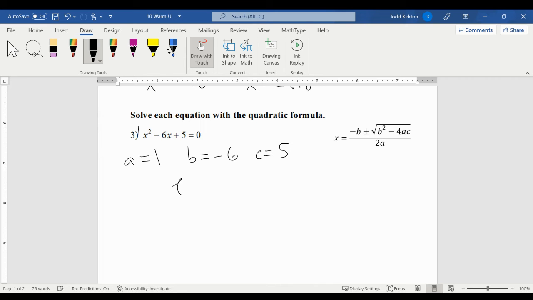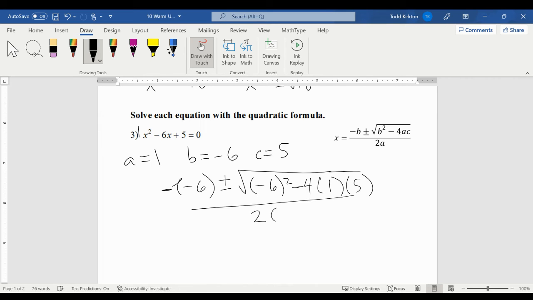So -b, so opposite of -6, plus or minus square root of -6 squared minus 4 times A times C, all over 2 times A. The opposite of -6 is 6. 36 minus 20 is 16.